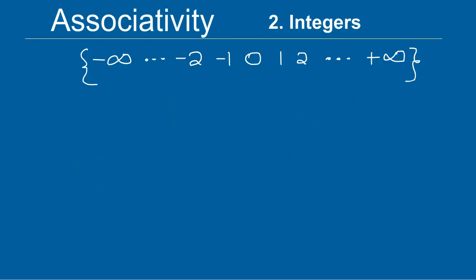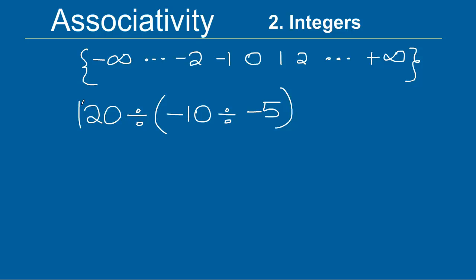And now let's take a look at division. So for integers, let's take some large numbers. So let's say we have the number 20. Let's divide this by, let's say we want to divide this by -10. Divide this by maybe -5. So our 3 integer numbers, they are 20, -10, and -5.